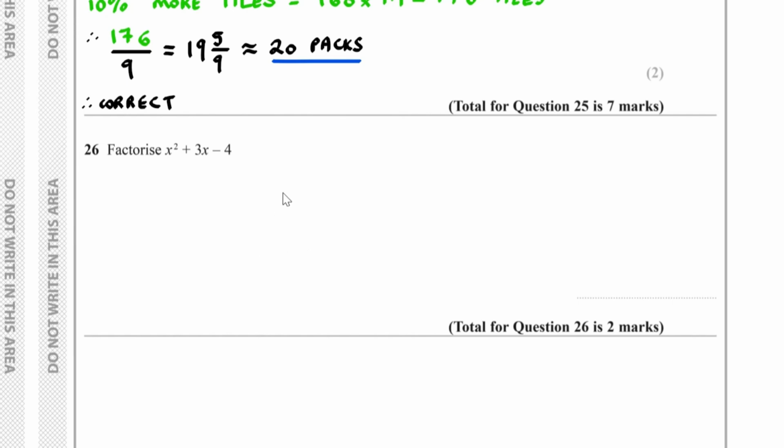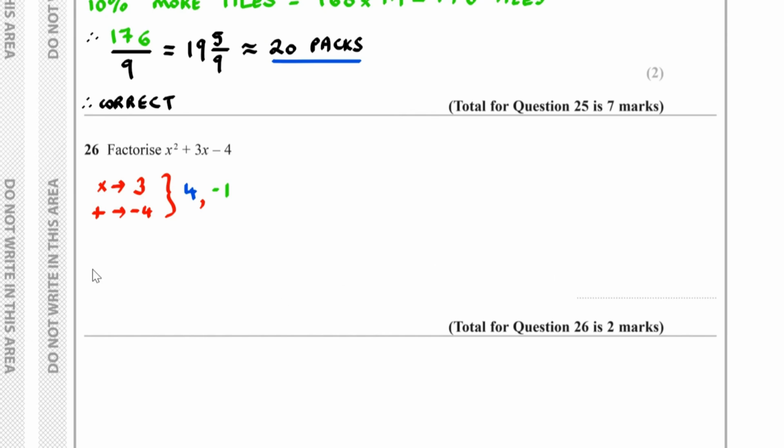Question 26, we have to factorise x squared plus 3x minus 4. Well, here I require two numbers which multiply to give minus 4 and which add to give 3. You will find those two numbers are 4 and minus 1.